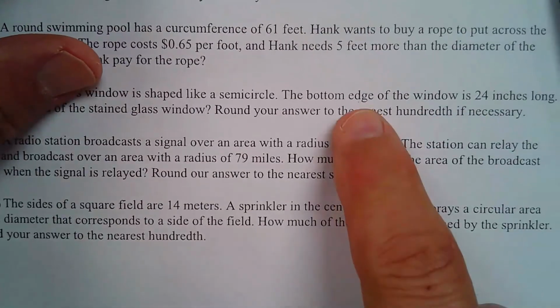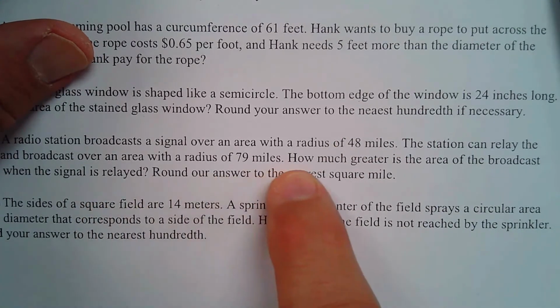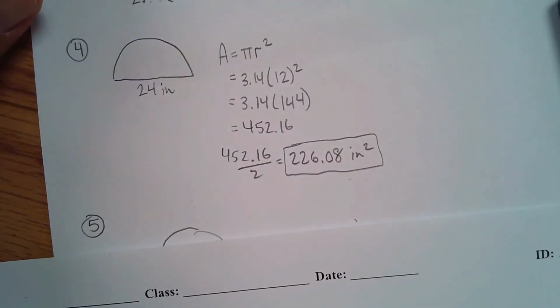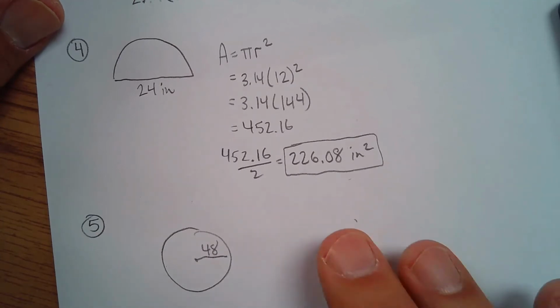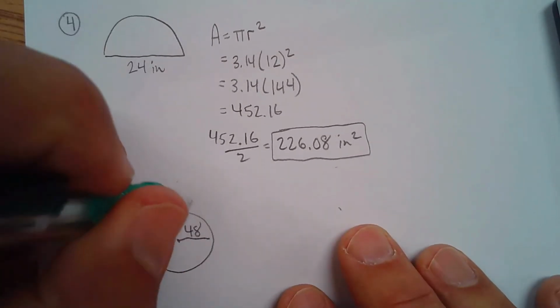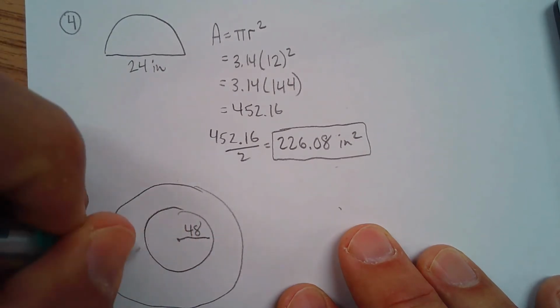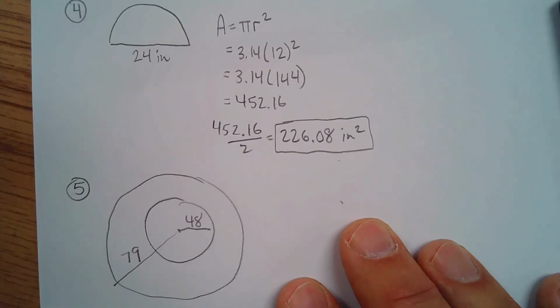How much greater is the area of the broadcast when the signal's relayed? Round your answer to the nearest square mile, so the nearest whole number.